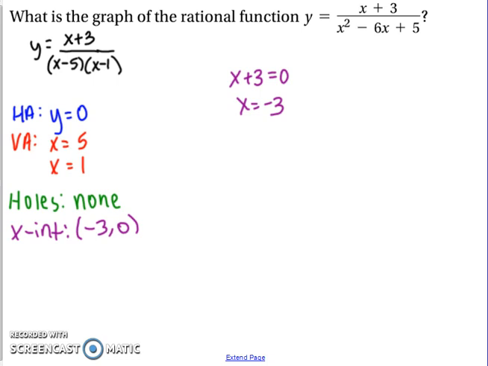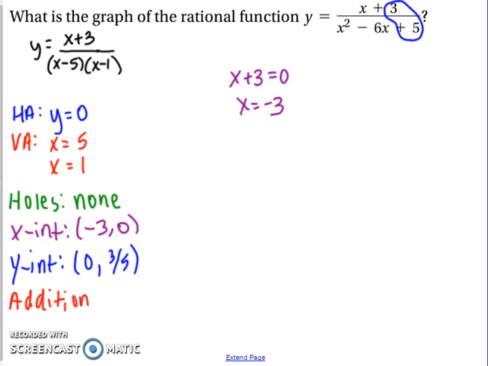And then for my y-intercept, you can plug in 0 for x, or you can look at the constant terms. If we look at the original problem, the constant terms are 3 and 5. So it's 3 over 5. Then I'm just going to write additional points, but I'm not actually going to pick any yet.